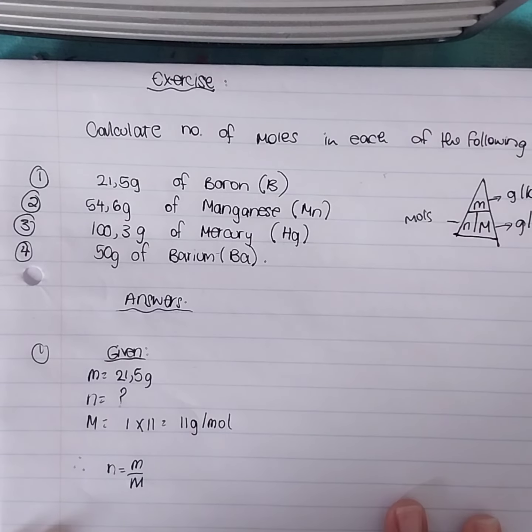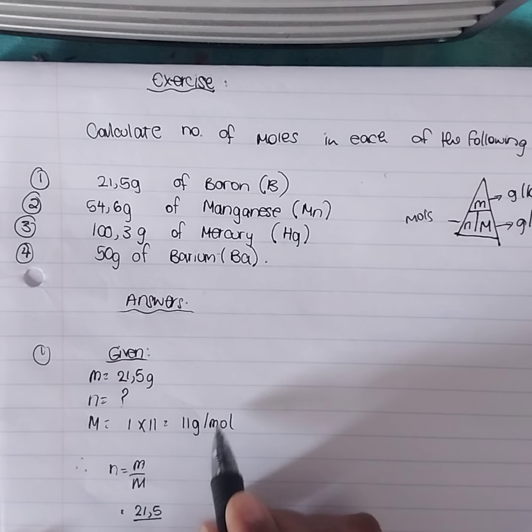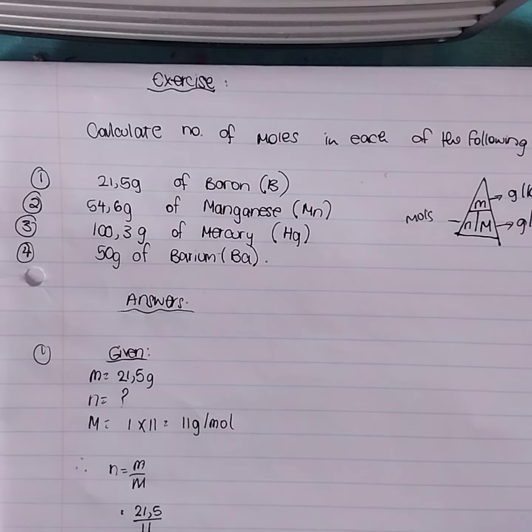And now we have to calculate. So it's going to be this, right? Your mass, which is in grams, over 11, which is your atomic mass, all right? Let me get a calculator.